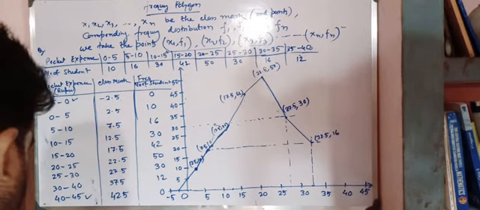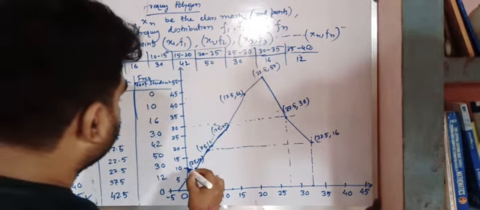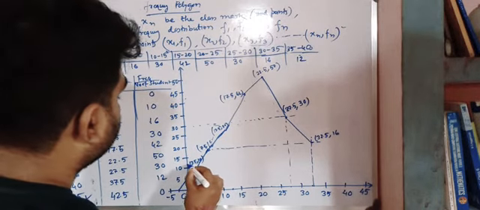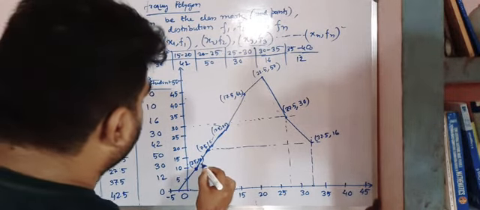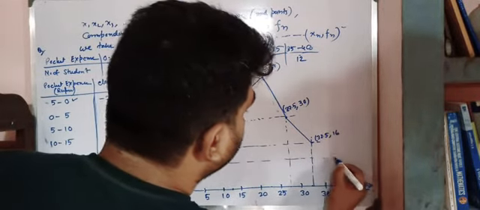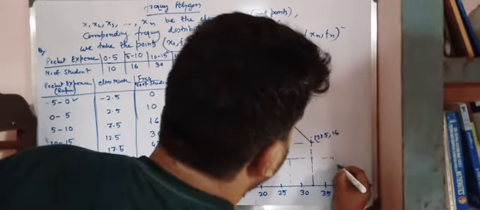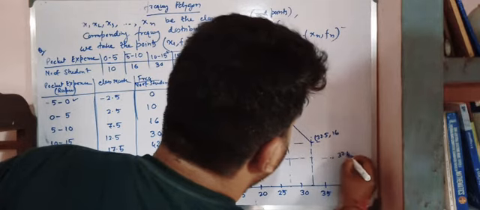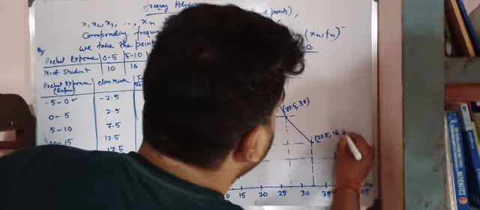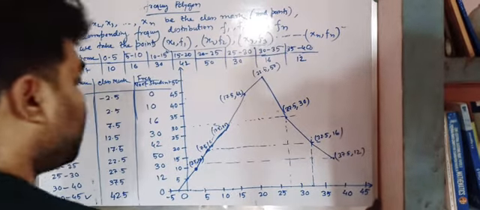Next 37.5, 12. This is 12. I think take this as 12. So going along with that, 37.5, 12. This point. Okay.